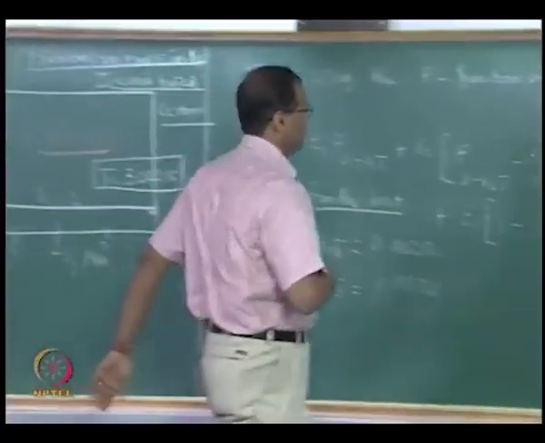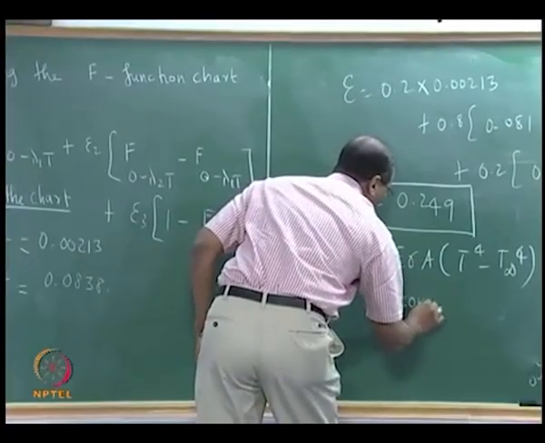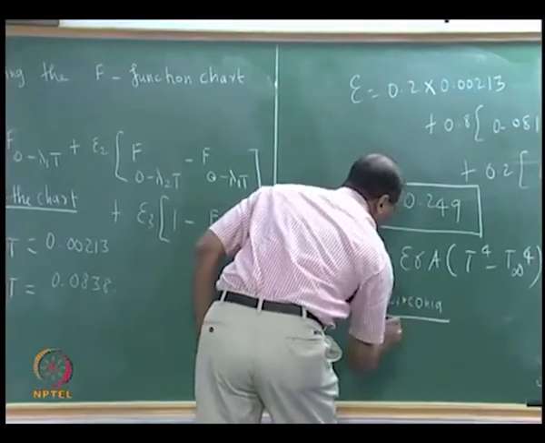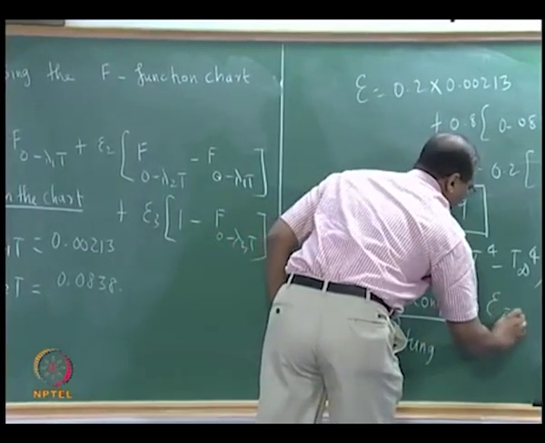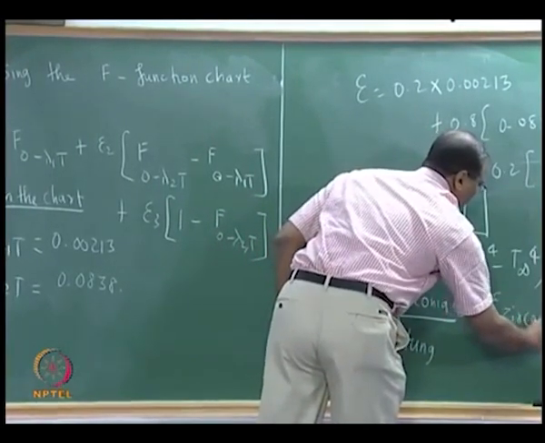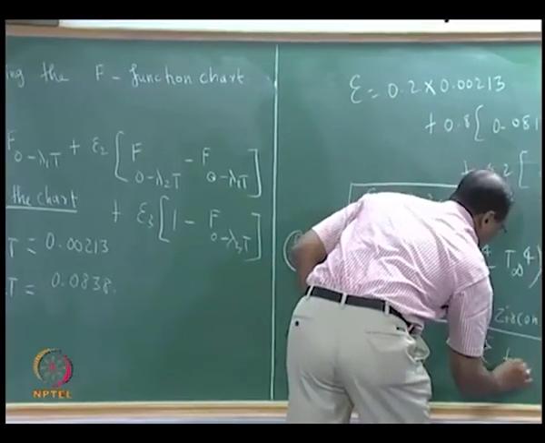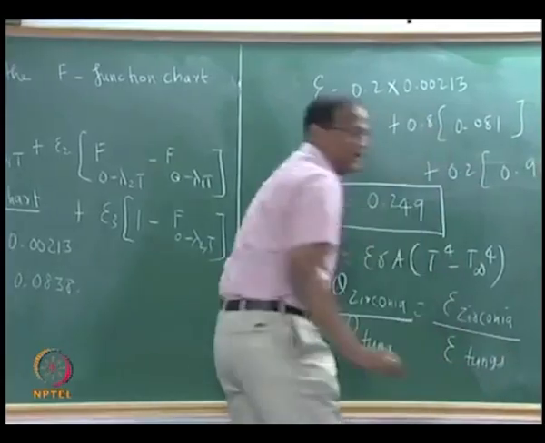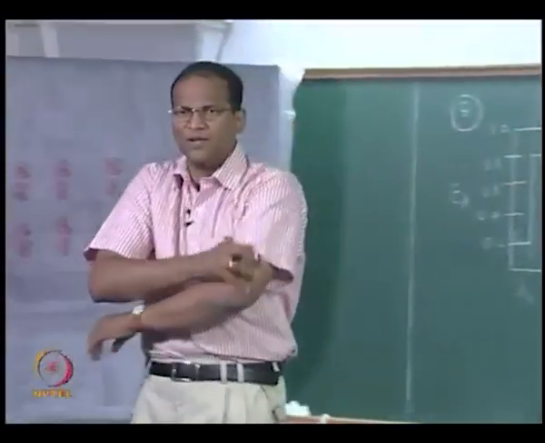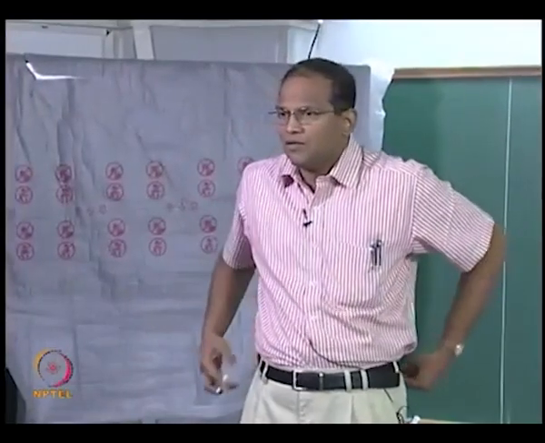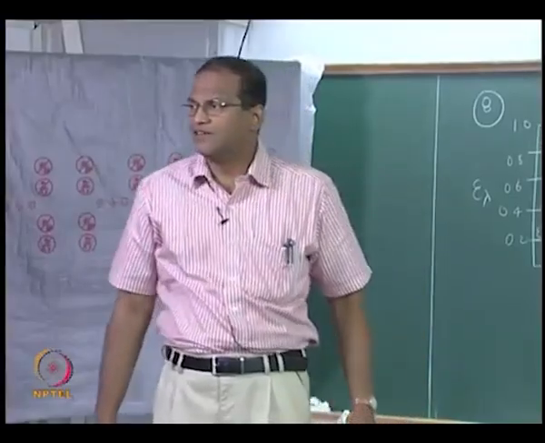Now, therefore, Q zirconia by Q tungsten. What is the emissivity of tungsten? So how much is this? 0.7. Okay.